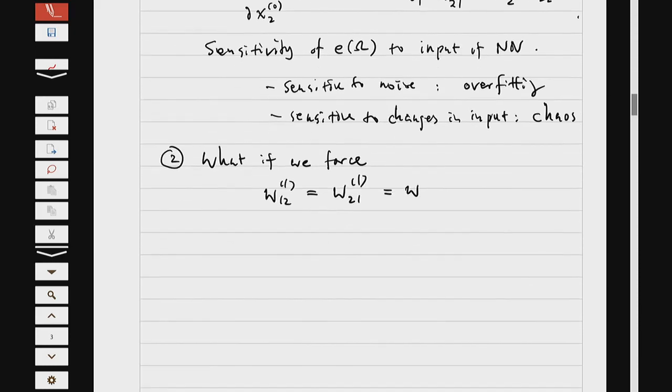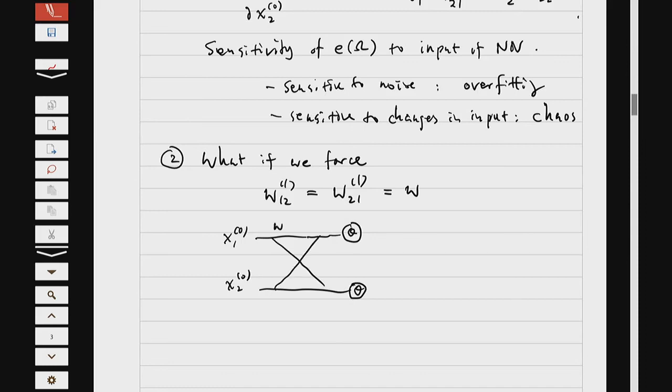So in our figure above, that means that we have x1 of 0, x2 of 0. We send this into these two neurons.